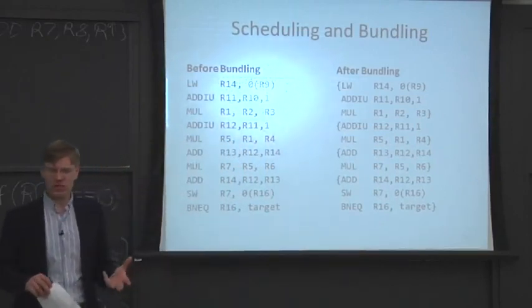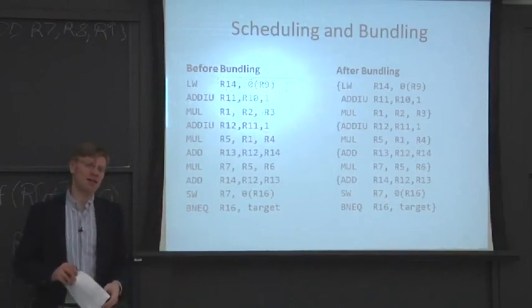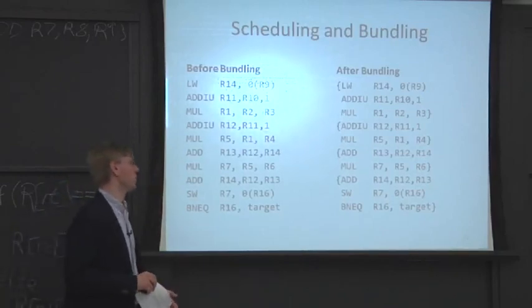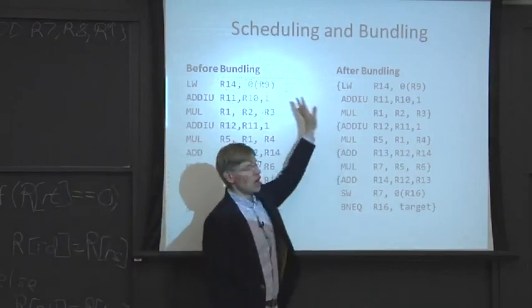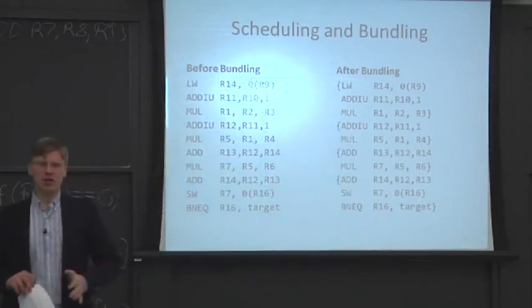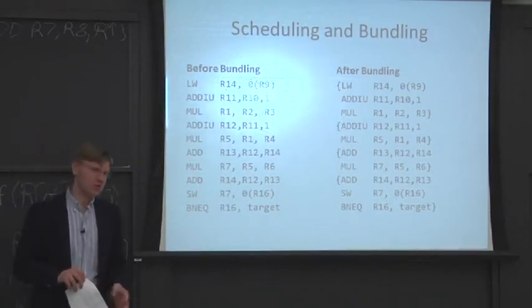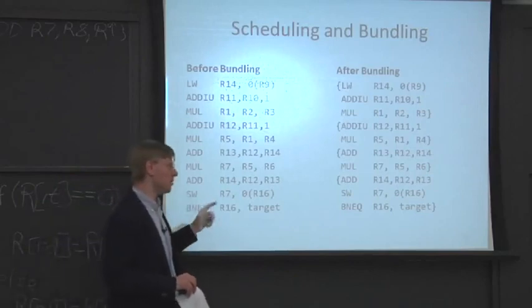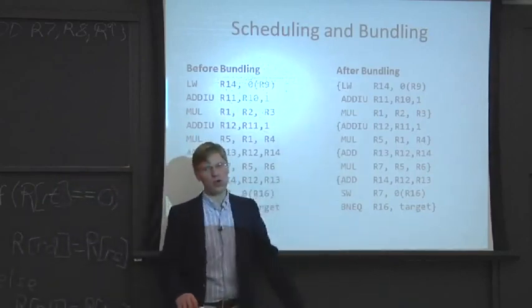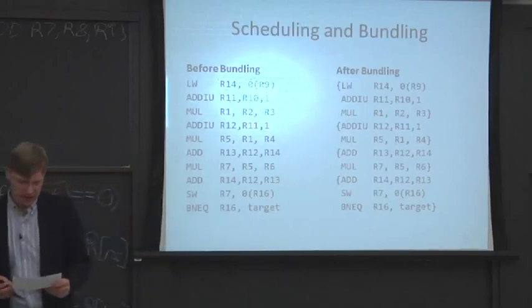So first, you're going to want to do scheduling. Then you're going to want to bundle non-dependent instructions together. There have been a couple of algorithms that have tried to do code motion, scheduling, and bundling together. Those don't always work out as well. So most VLIW compilers now will do the code motion and the scheduling first, and then they'll do the bundling at the end.